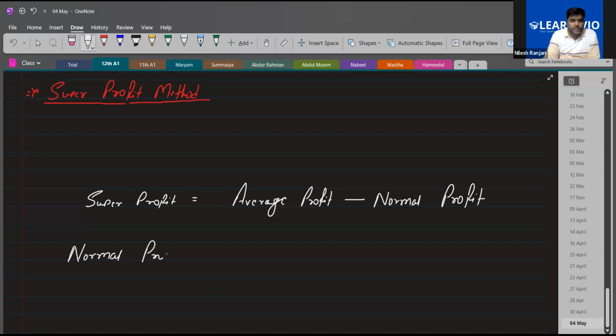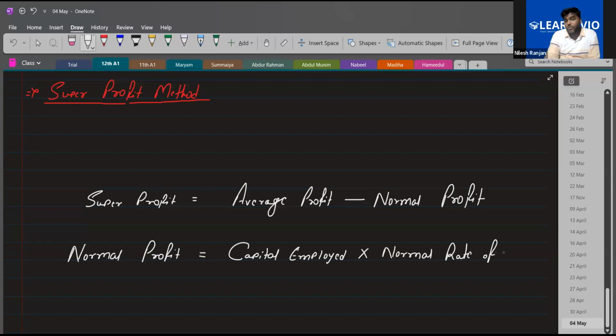Normal profit equals capital employed into normal rate of return.